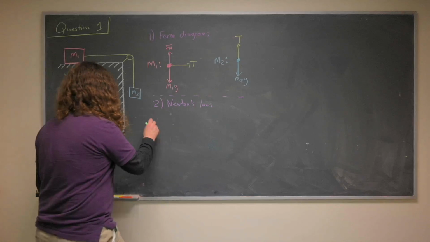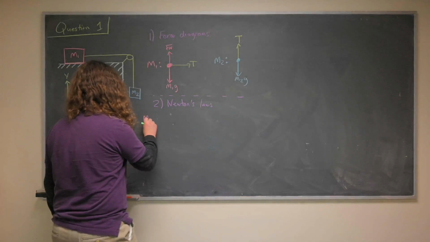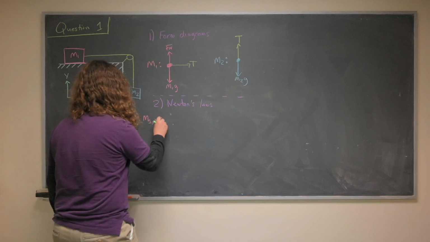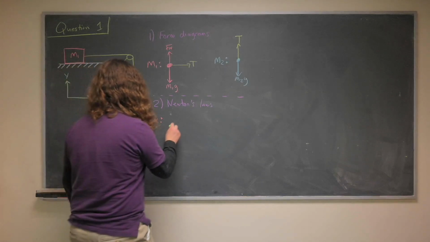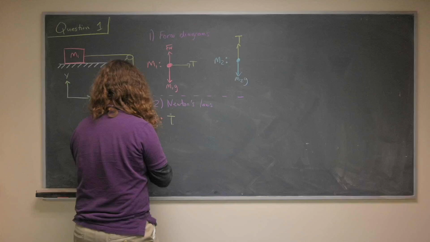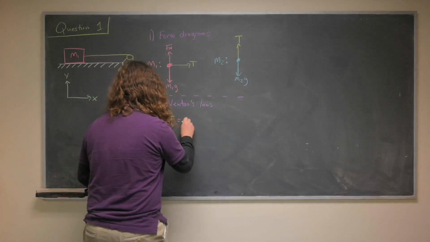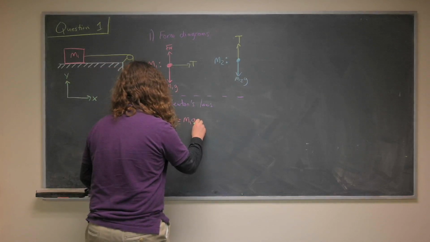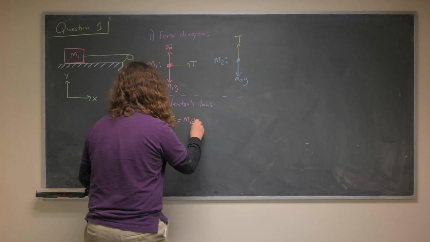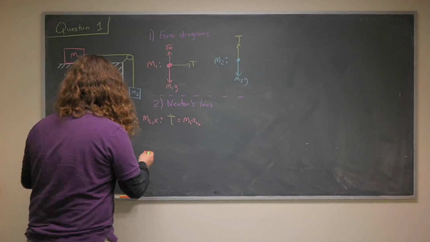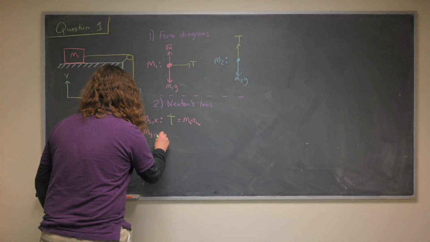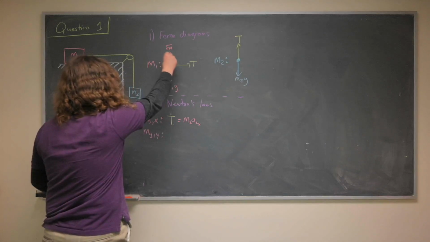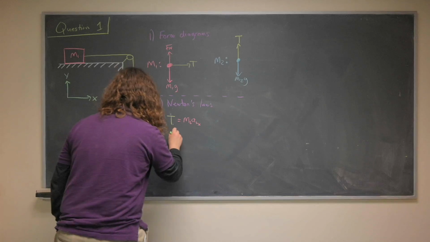So for M1, in the x direction, I can just read this off of my diagrams. So I have T equals m1a1x. For m1 in the y direction, I have the normal force and m1g.